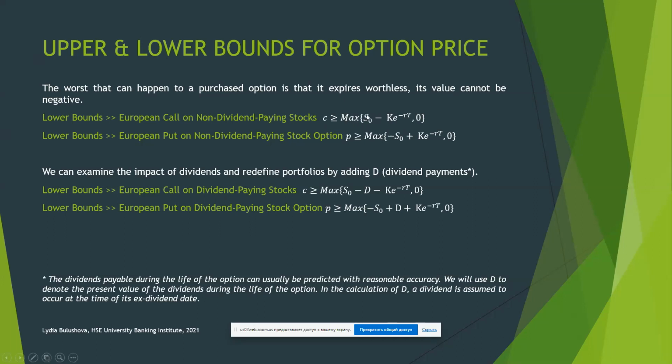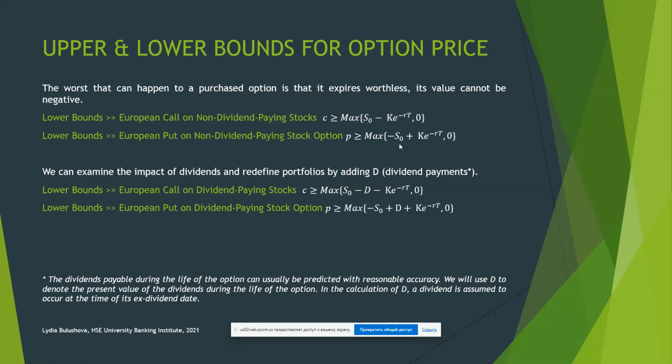And here the profit is a maximum of the difference between the initial asset price, initial stock price, and the discounted strike. Here we've got the same with an opposite sign.